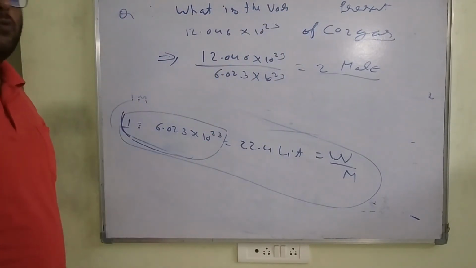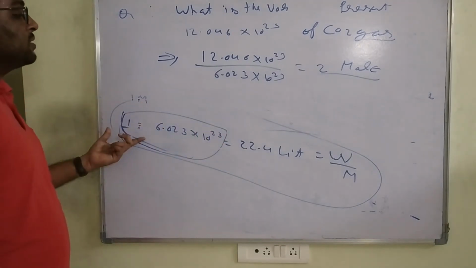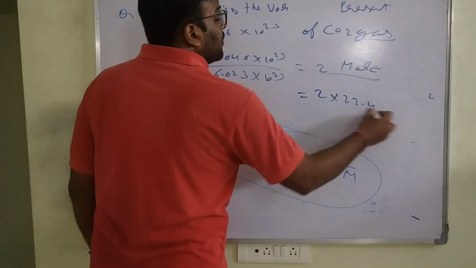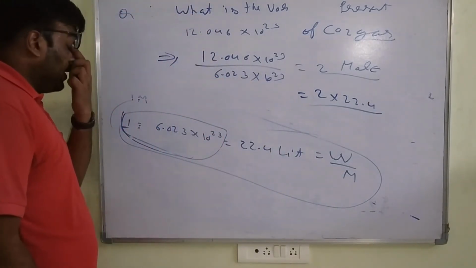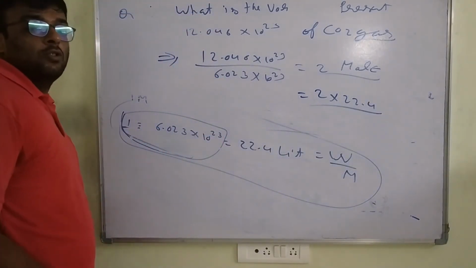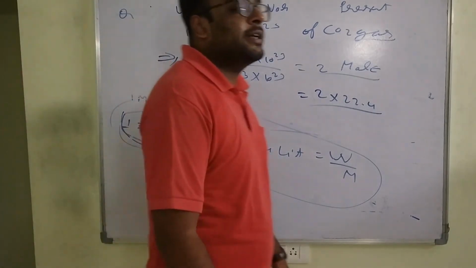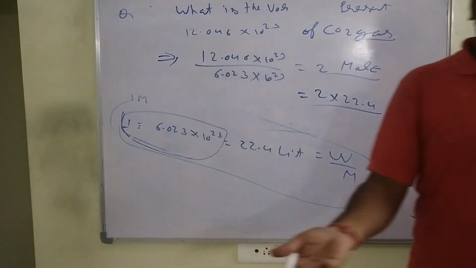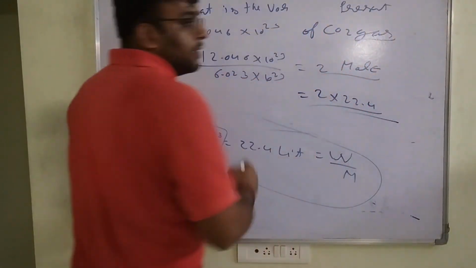This is the number of moles. As you know, 1 mole is equal to 22.4, so simply we multiply 2 by 22.4. We get 44.8. So whatever question is asked in your textbook, first of all convert into mole, and with respect to that you have to solve this. Simply we are multiplying.